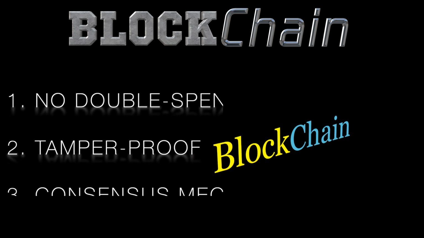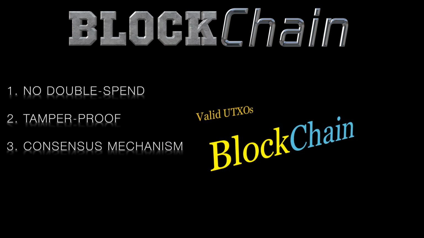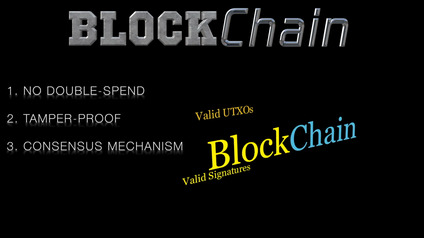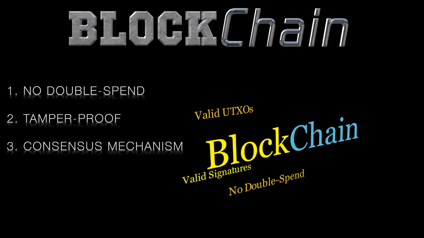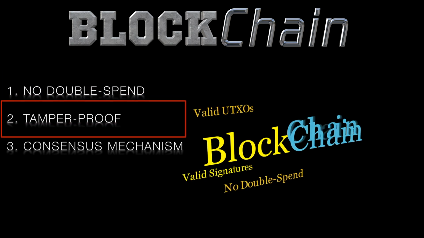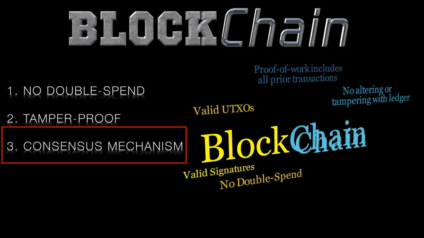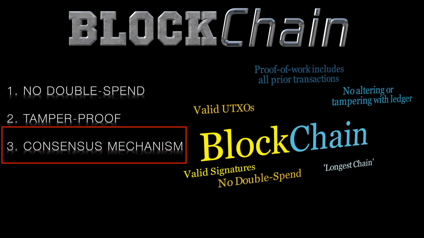Thus, the term blockchain neatly sums up how we accomplish our three requirements. Let's see how blockchain delivers the proof-based, trustless system that we seek: no double spend, no altering or tampering of confirmed transactions, and synchronizing multiple copies of the ledger.